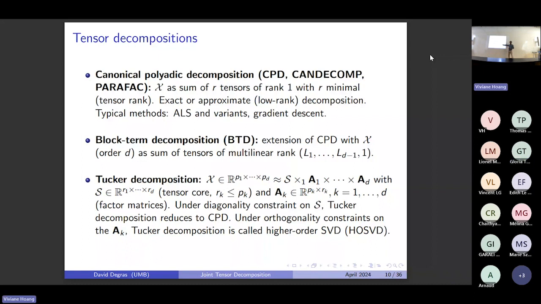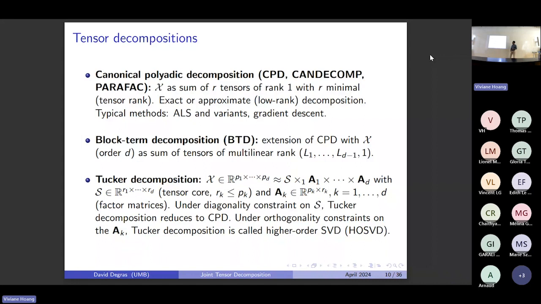And the other very well-known decomposition for tensors is called Tucker decomposition, in which you will start from a tensor X and then decompose it into a core tensor that is of lower dimensions, and that you multiply in each mode by some factor matrix. So these are called factor matrices. To get some interesting decompositions of this form, you might want to impose some constraints either on the factor matrices or on the core.